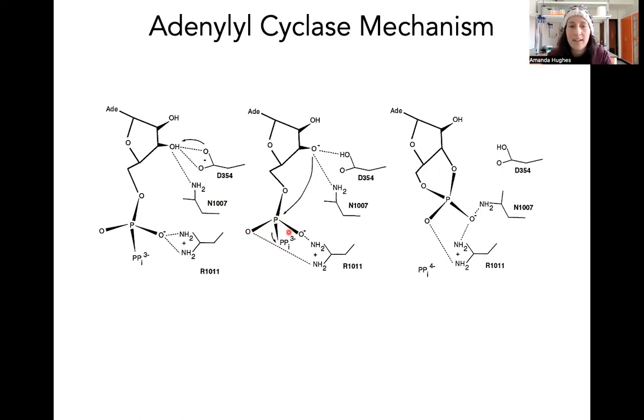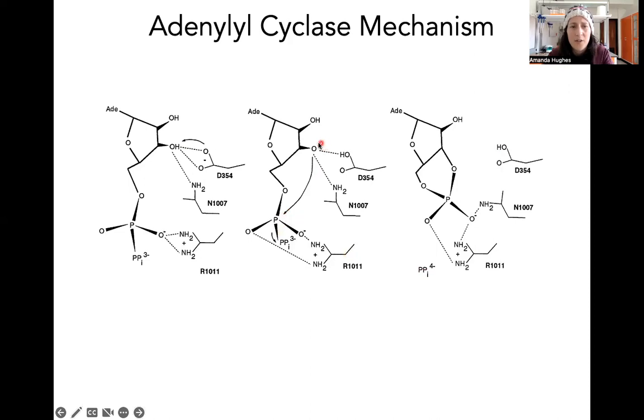The leaving group they're going to kick off is that inorganic pyrophosphate, that PPi. On the way out the door, it'll actually grab that proton from the aspartic acid to regenerate the active site residue so that it's back in its negative charge. That also corresponds to the correct protonated state of diphosphate in the cytoplasm at physiological pH.